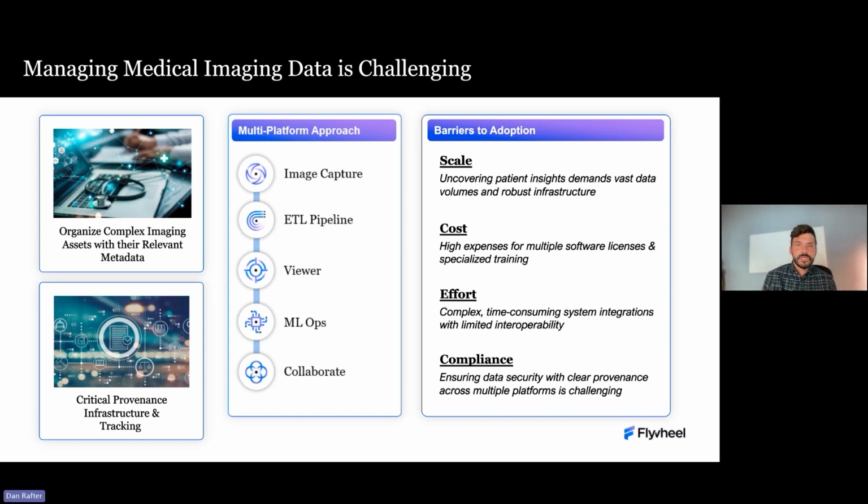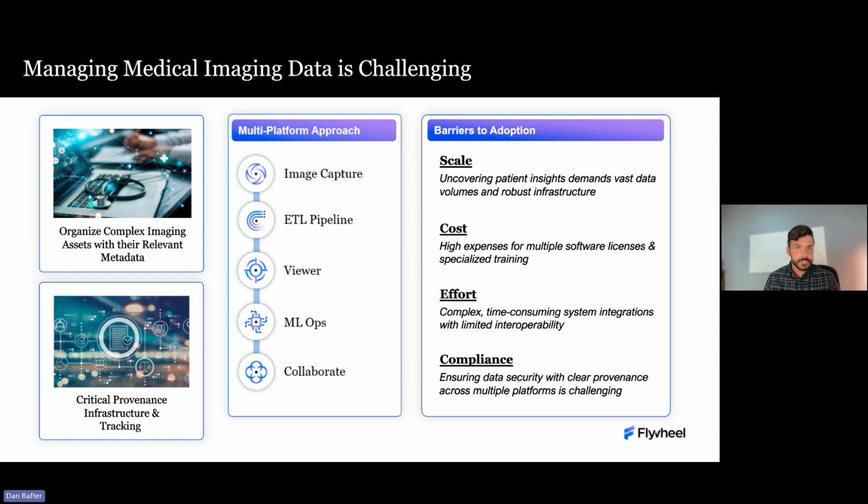Traditionally, what they're going to do is pull together a multi-platform approach. I'm going to have a solution for capturing the images. I'm going to have a solution that I'm treating as my ETL pipeline that's helping to DID the images and get them corrected and harmonized so that I can actually use them. I'm going to most likely bring in a viewer.